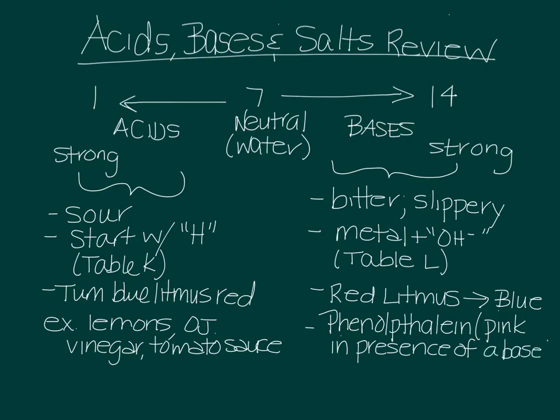You can get that from looking at the indicator table. And it's clear in the presence of an acid. Some examples would be shampoo, dish soap, and various household cleaners.